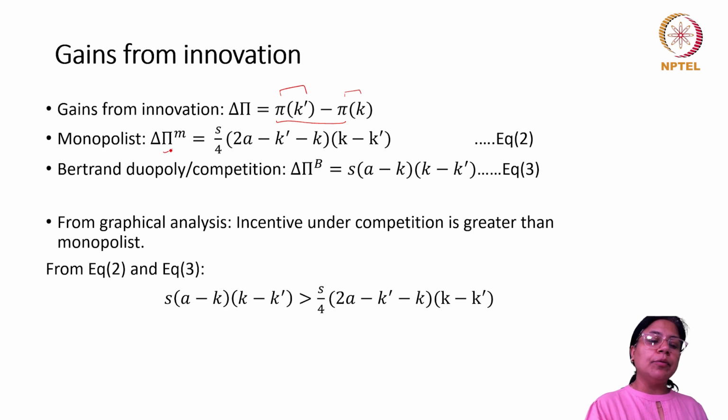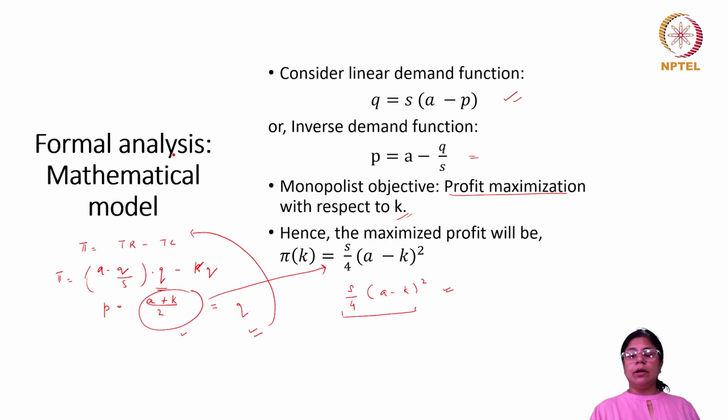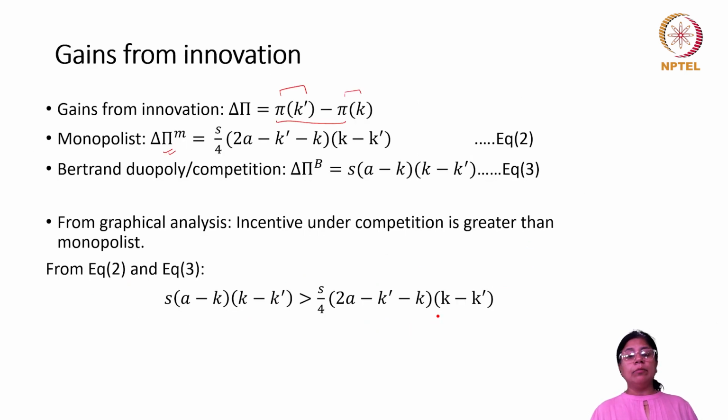So if you make this calculation, in the earlier result, if the cost of production is not K but K prime, again with the same demand function we should be able to get that the profit would be equal to S by 4 into (A minus K prime) whole square. So then what are we going to do?